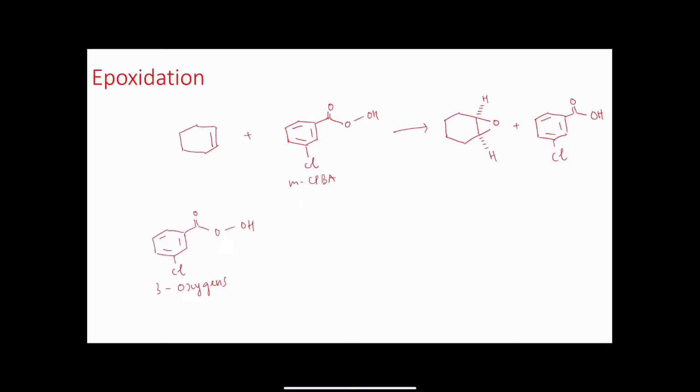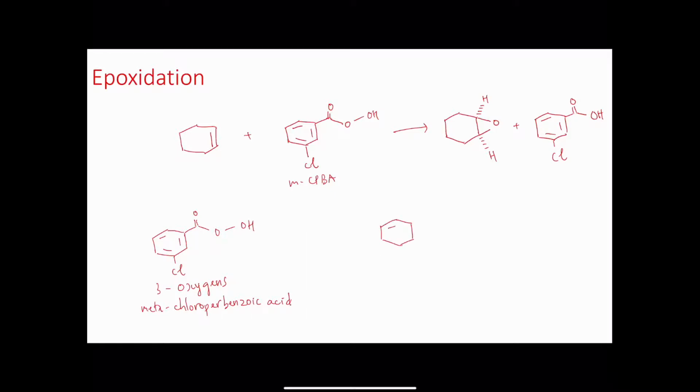One oxygen of the C=O double bond, one oxygen of the OH, and one oxygen between the C=O double bond and OH. So the structure with three oxygens, we call that percarboxylic acid. Particularly in this case, we have metachloroperbenzoic acid.